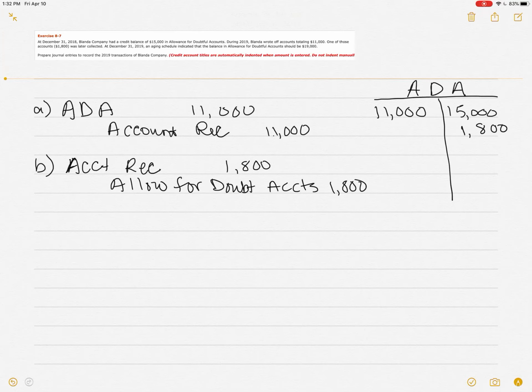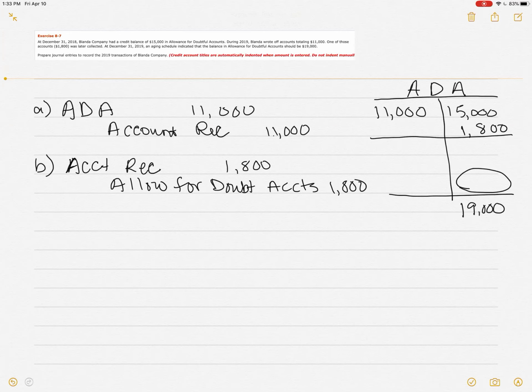So at the end of the year then, the last thing says that it shows that we should have an ending balance of $19,000. So we want that ending balance to be $19,000. The question is, what do we have to put in here to adjust it to get to that amount? The first thing I might want to do is find out what our current total is.